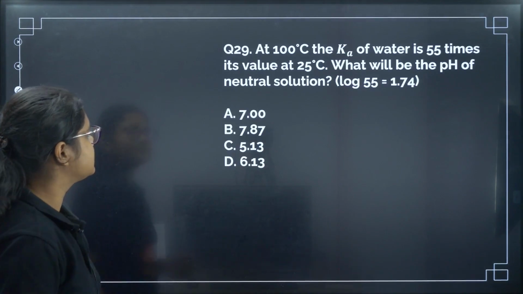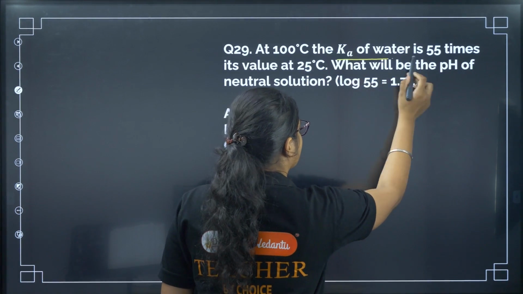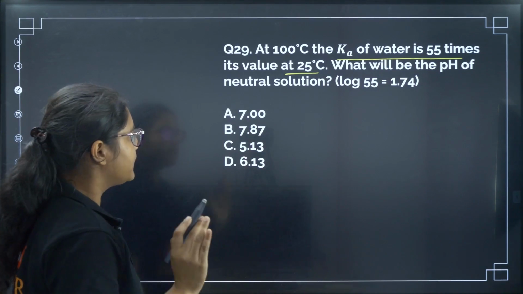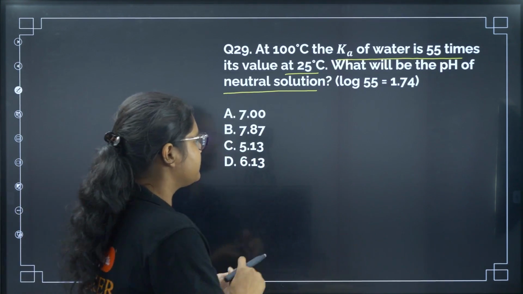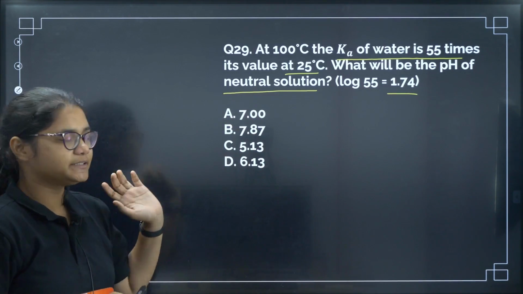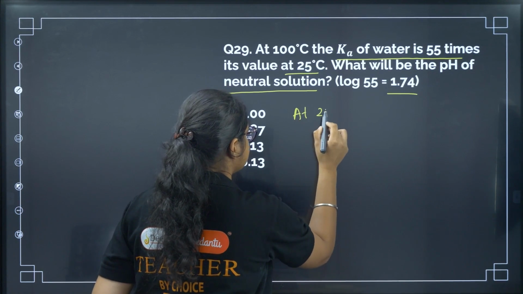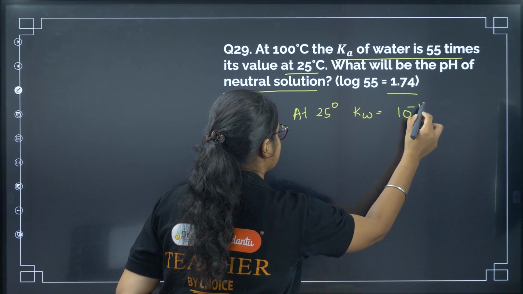Okay, now let us see the next question. At 100 degrees Celsius, the Kw of water is 55 times its value at 25 degrees Celsius. Then what will be the pH of the neutral solution? Log 55 is 1.74. This is a little interesting question. You know what the value of Kw is at 25 degrees Celsius? That is 10 to the power of minus 14.